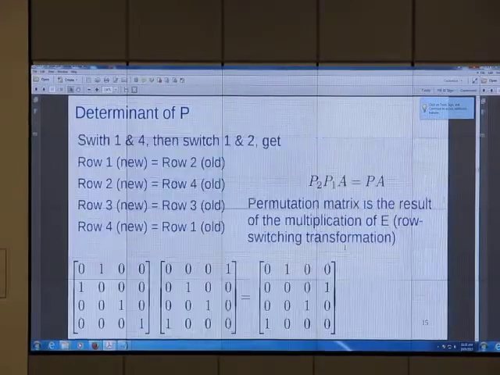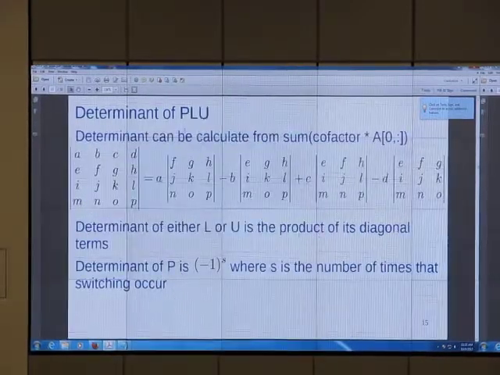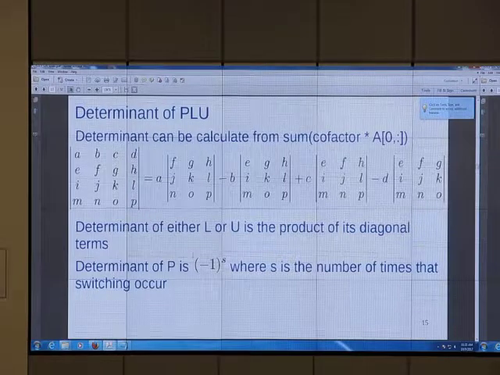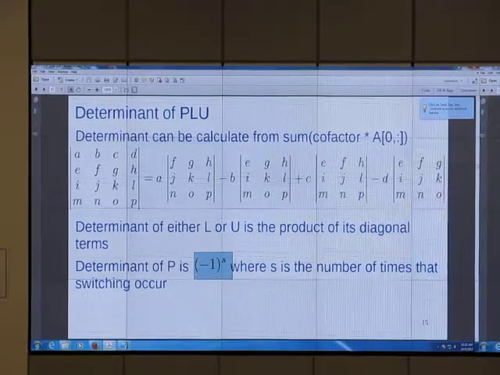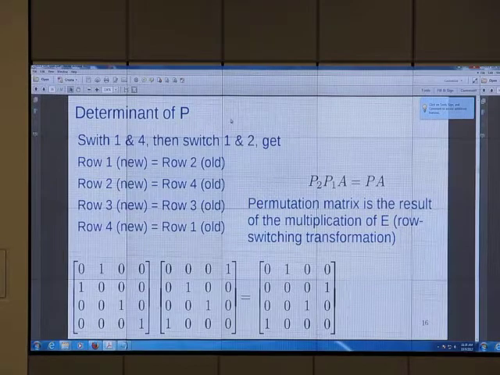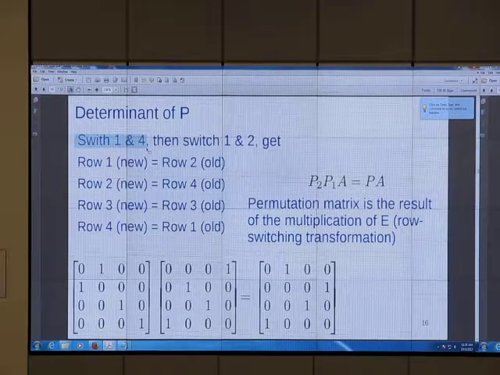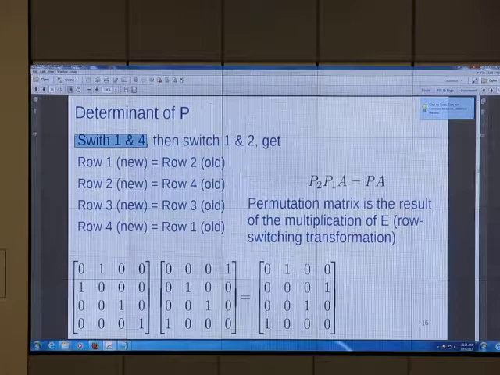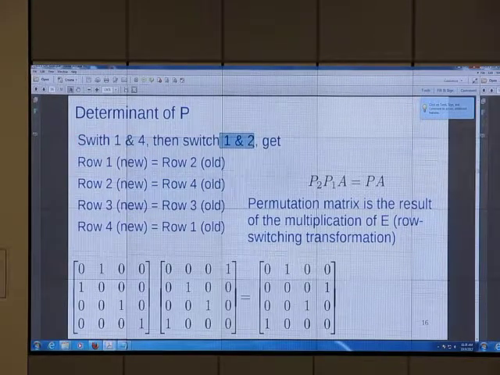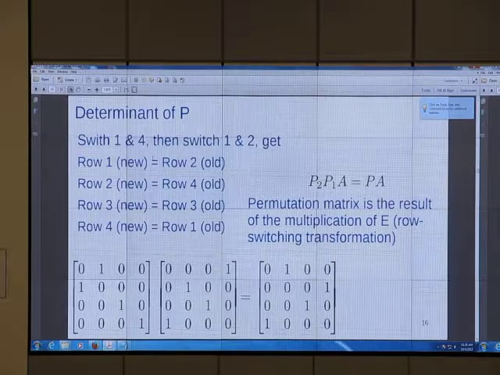So if we do permutation, the determinant of P is minus 1 to the power of S. What is P, what is S? Let's take a look. Switch row 1 and row 4, then switch row 1 and row 2. So how do we do that?